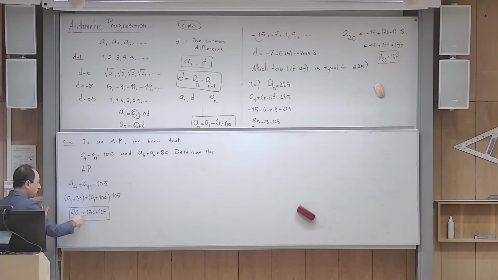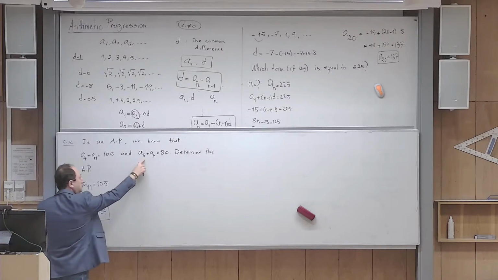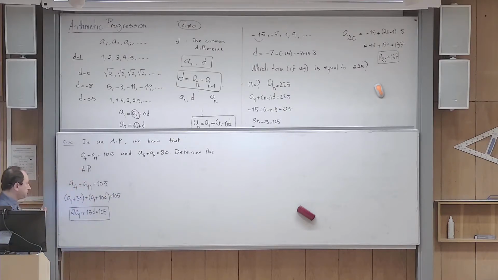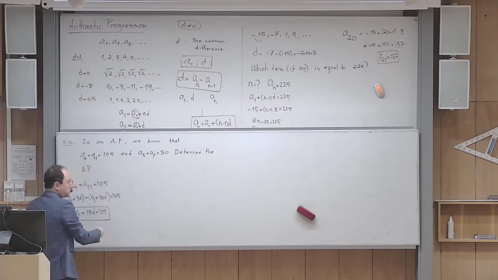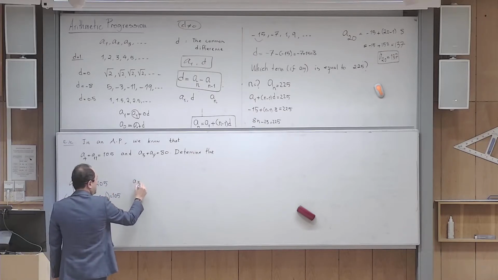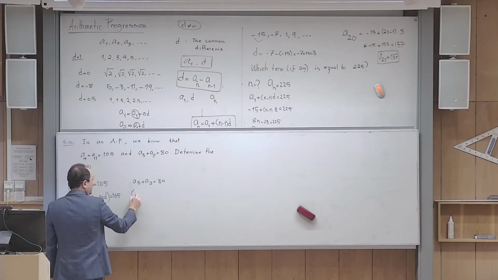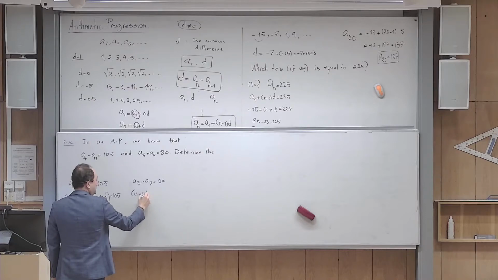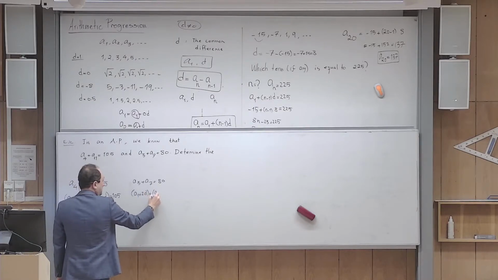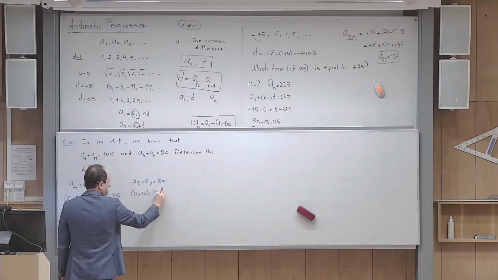So I cannot solve this because I have two unknowns, but still one equation. This is why they have given us one more equation. But the idea is clear. I will write this down and use the same method. So this becomes a3 plus a7 equal to 80. Instead of a3, I write a1 plus 2d. Instead of a7, I write a1 plus 6d.